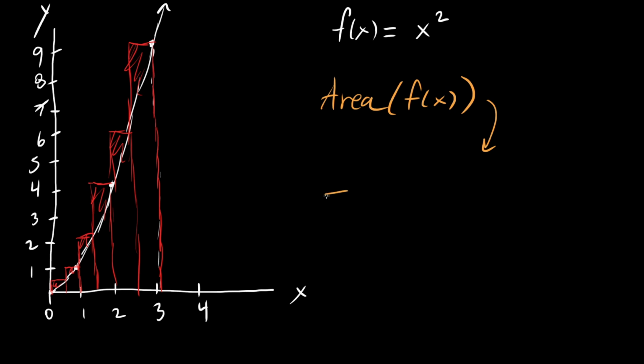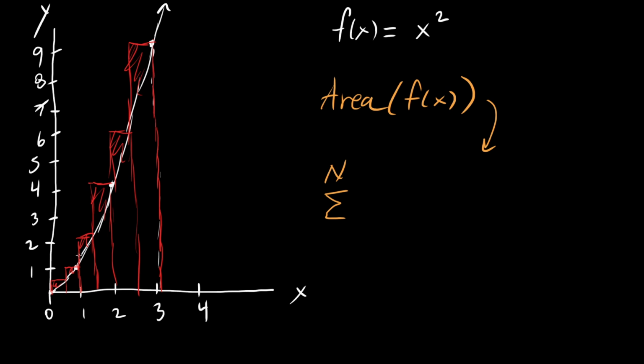And since we're adding the area of a bunch of rectangles, there should be a summation. And the next thing we know will happen is a number that defines how many rectangles there are. That number is going to be the number n. So whatever we plug in for n is how many rectangles there are that will estimate this graph.